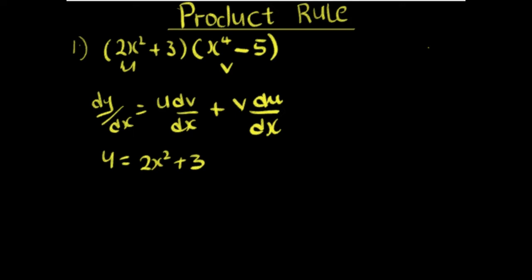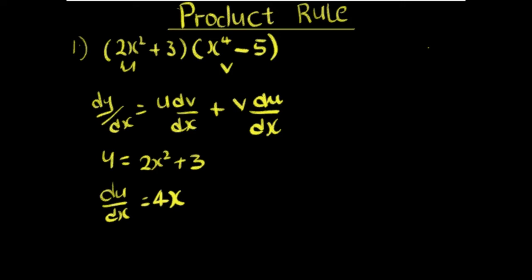Since our function here is in u, to differentiate this we're going to have du over dx, which will be equal to, following the method we've studied before: if we differentiate 2x squared, we have 2 times 2 gives 4, we subtract 1 from the power, which is 4x. And if we differentiate a constant, that would give us 0, so no need to write that when we differentiate 3, that gives us 0.